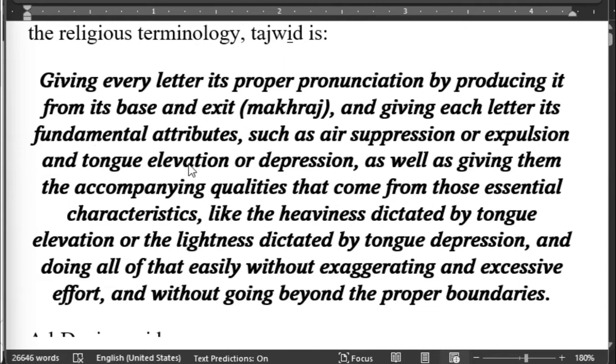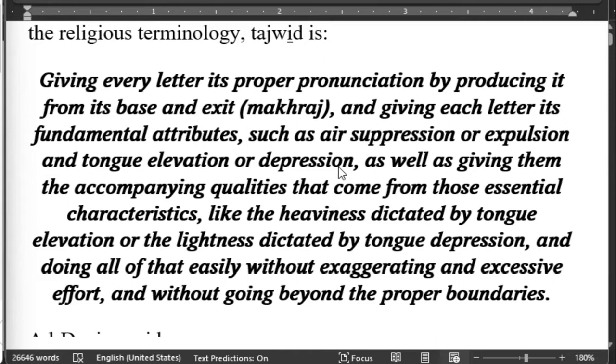And tongue elevation or depression. Tongue elevation means your tongue goes up, like when you say ba, letter ba, or letter bod. Don't you see how your tongue goes up? But if you say letter fa, don't you see how your tongue is down?